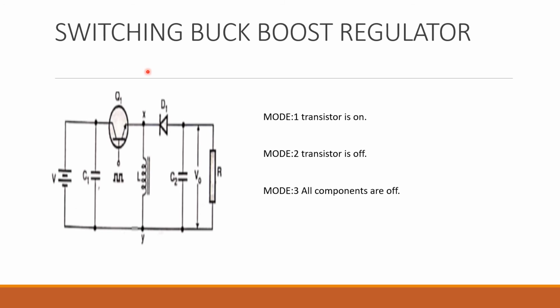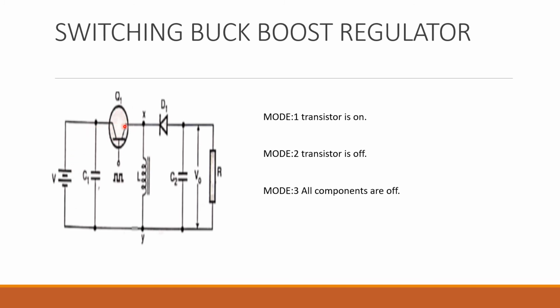Here is the circuit diagram of switching buck boost regulator. Operation of this circuit can be explained via three different modes. Mode 1 when transistor is on, mode 2 when transistor is off, mode 3 when transistor and diode both are off. Let us start with mode 1. In mode 1, transistor is on, it means it is acting as short circuit.